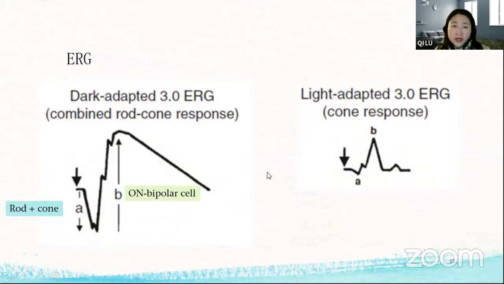For the ERG data, they use both scotopic ERG, that is dark adapted, and light adapted ERG. The A wave of the ERG represents the response of the rod and cone photoreceptors, and the B wave mainly represents the response of the ON-type bipolar cells to the light.